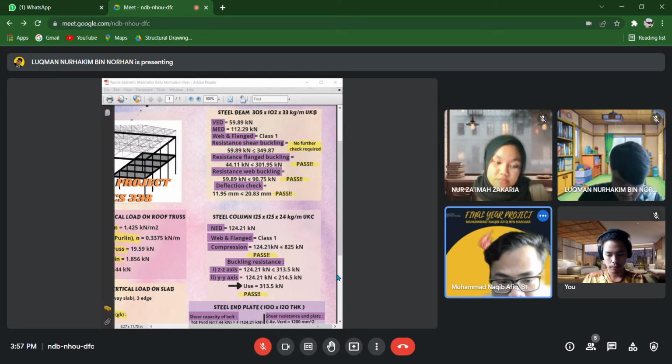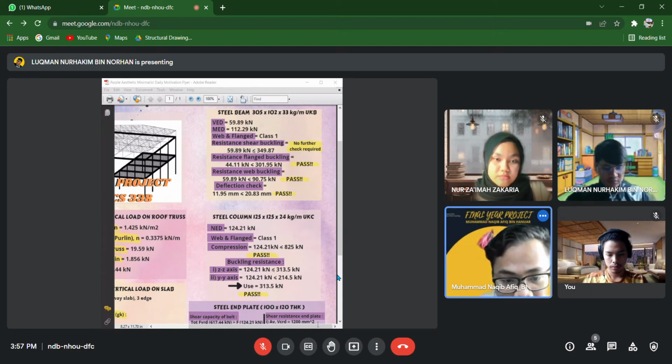For the buckling resistance, it also passes, as 124.21 kN is smaller than 330.5 kN, and also smaller than 214.5 kN. So we use 330.5 kN for the buckling resistance.